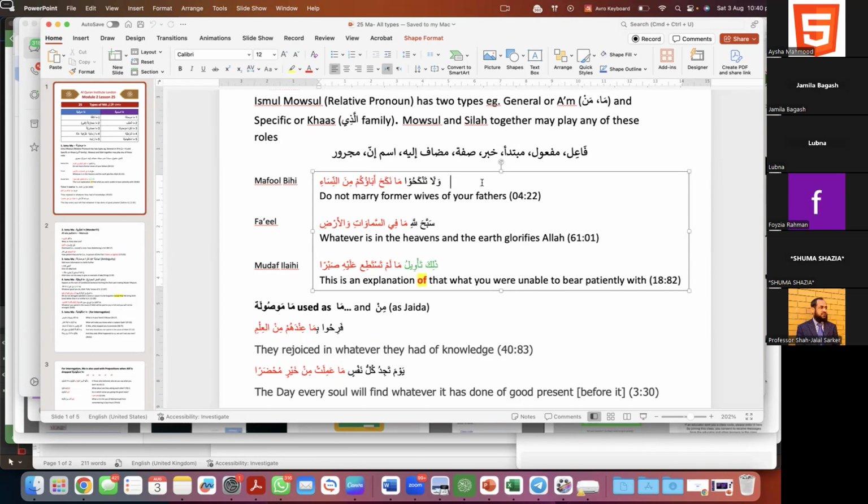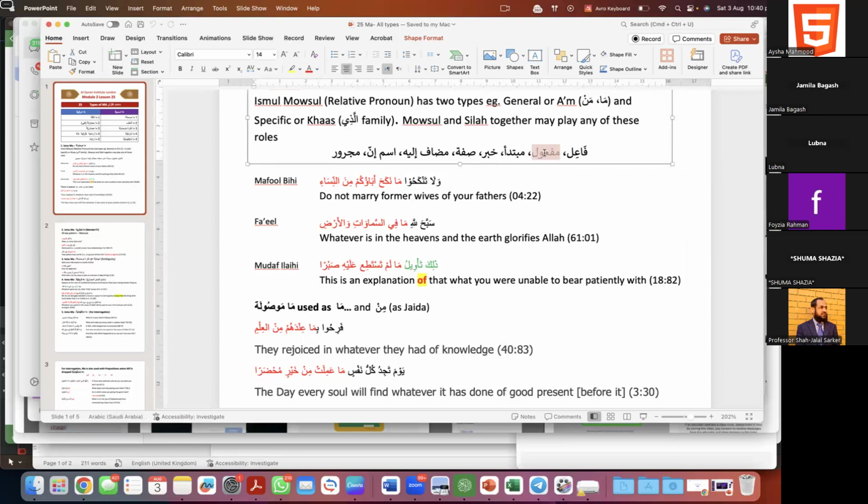When there is another sentence at the beginning. Correct. And they are connected grammatically, dependent for some reason. So if there's no situation like this, it is istinafia. Clear? Okay, done.